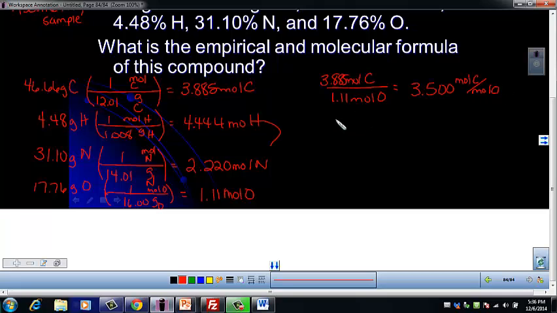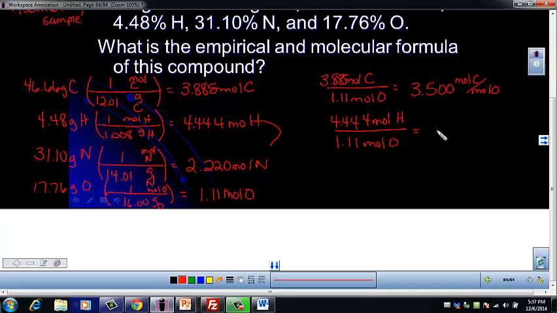And we'll do the same thing with our moles of hydrogen, and then we'll do the same thing with our moles of nitrogen. So we're going to divide by our moles of oxygen.